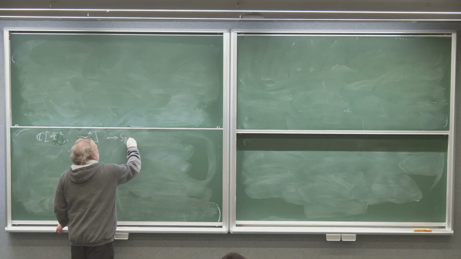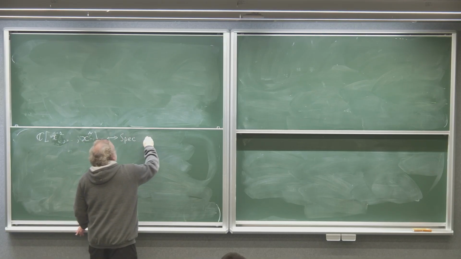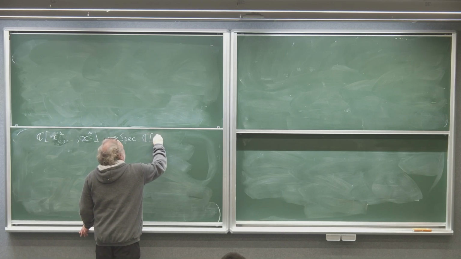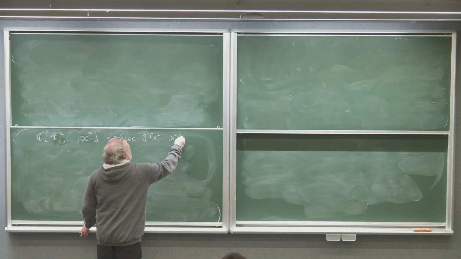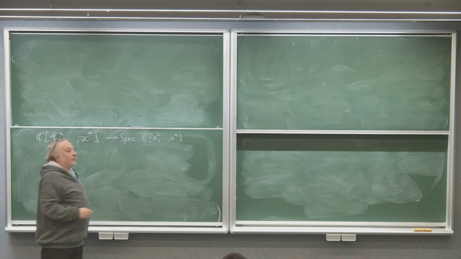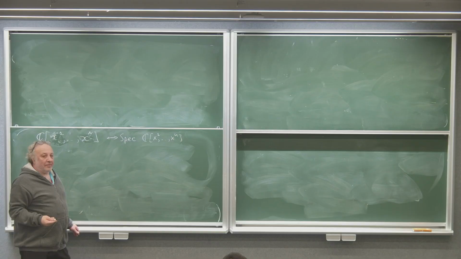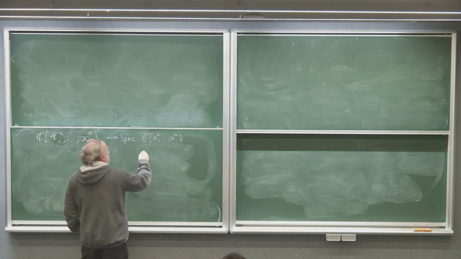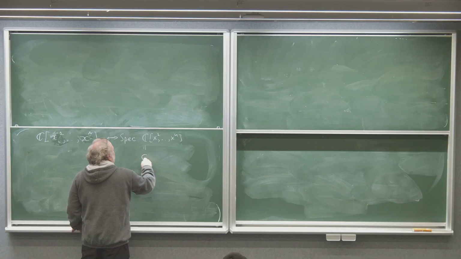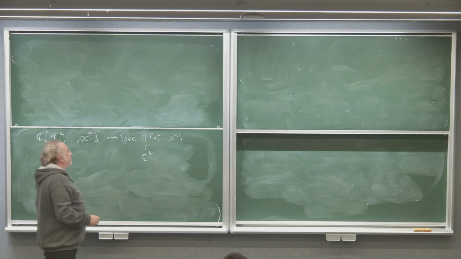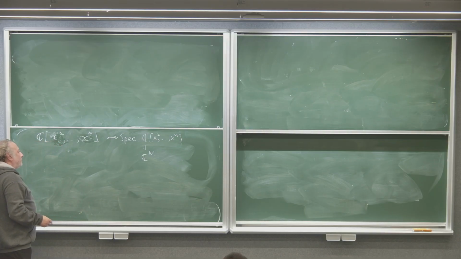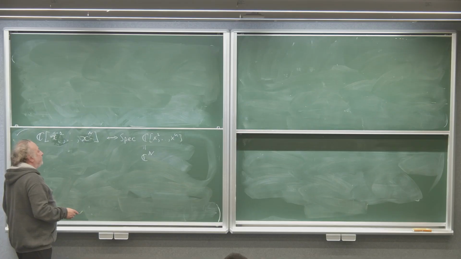So what is the spectrum of this algebra? It's a geometrical space. And my statement is that this space is C^n. I'm just recalling it.